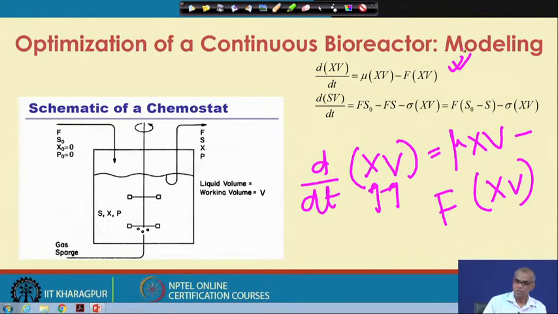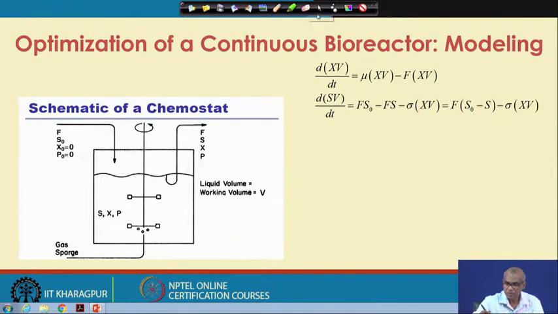Next, how do I account for the rate of change of substrate in the reactor? Again, we write the mass balance equation. So, d/dt of SV, S is the substrate concentration times volume.